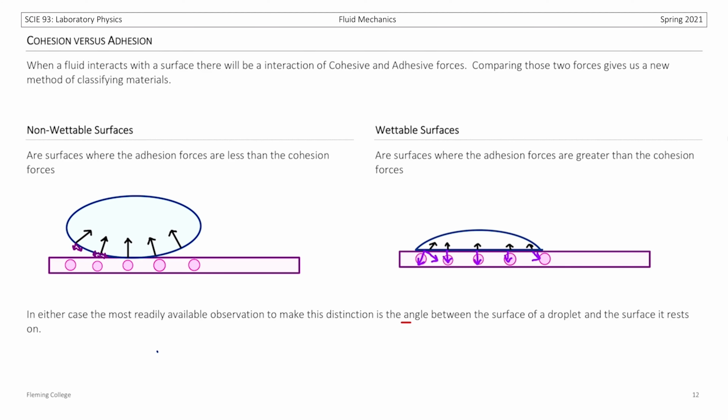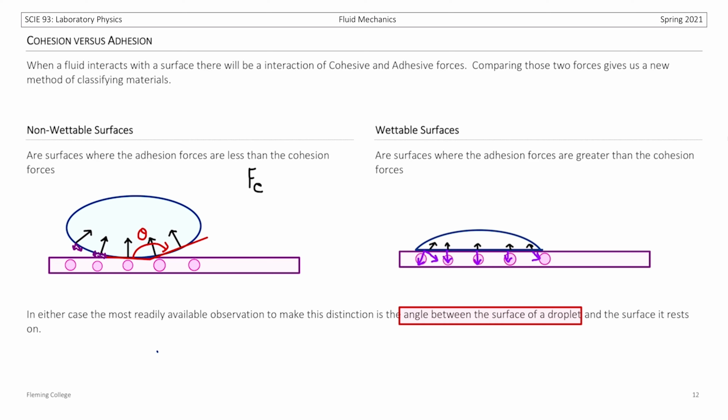In either of these situations, non-wettable or wettable surfaces, the most readily available observation to make this distinction based on is the angle between the surface of a droplet and the surface it rests on. So we've drawn in the angle we're thinking of for the non-wettable surface. And we see that this angle has to be measured through the droplet.